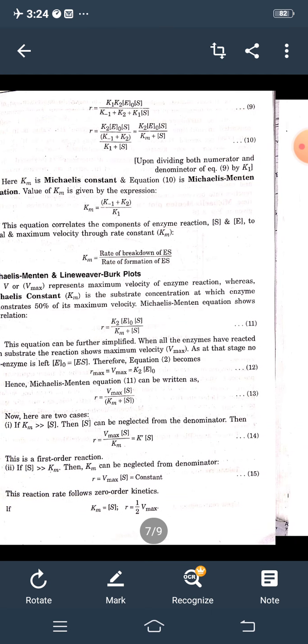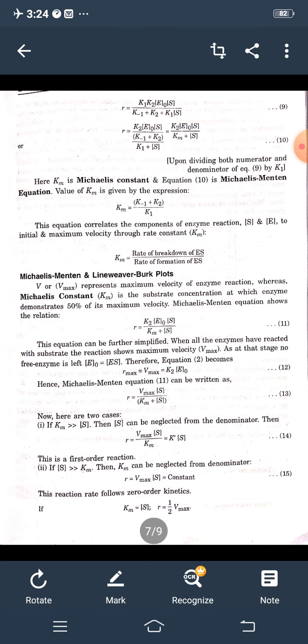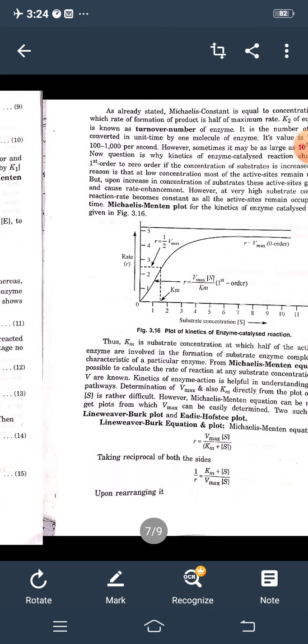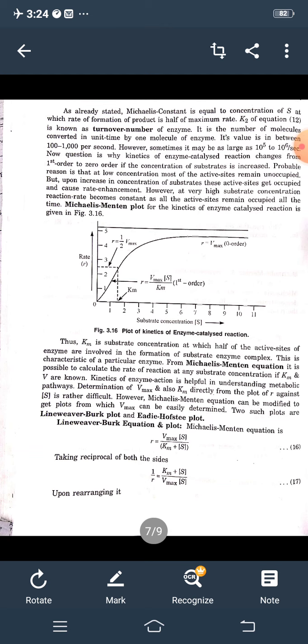This reaction rate follows zero order kinetics. And if Km is equal to S and R is equal to Vmax/2, then as already stated, the Michaelis constant is equal to the concentration of S at which the rate of formation of product is half of the maximum rate.